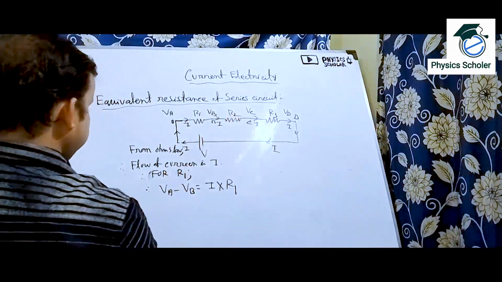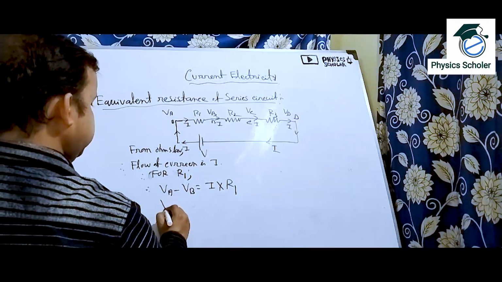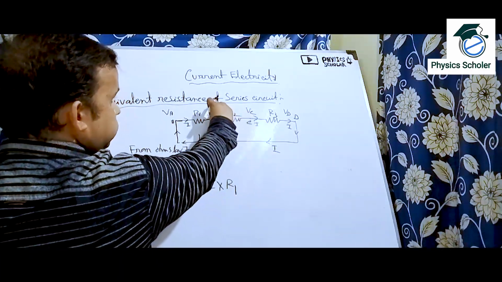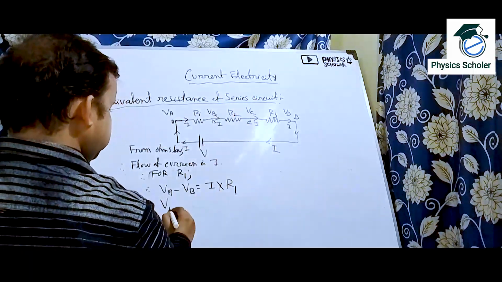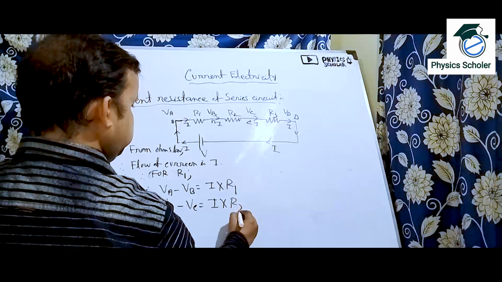For R2, VB will be greater than VC, so VB minus VC is equal to I into R2.